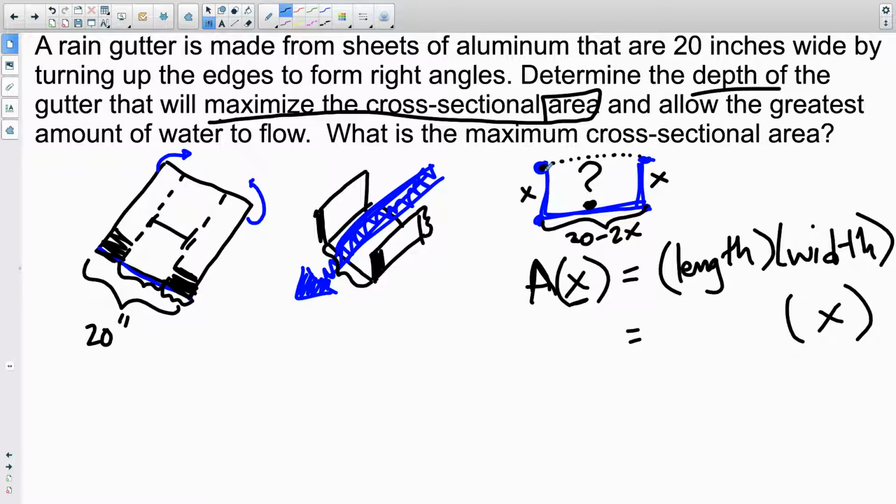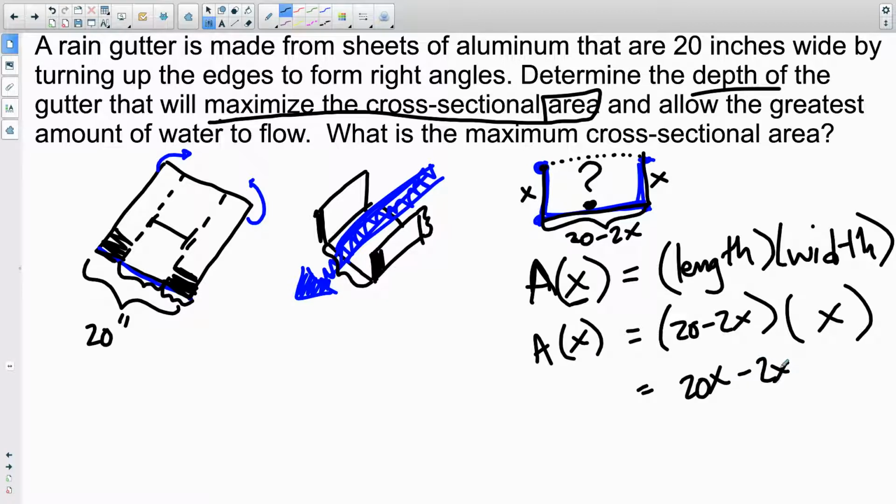So from here to here to here to here, that's the 20-inch sheet. We're folding up x on each side, so what's left is 20 minus 2x. So our equation looks like this. And when we go to graph this, don't plug this into your graphing utility, distribute the x. So we're looking at a function that looks like this instead.